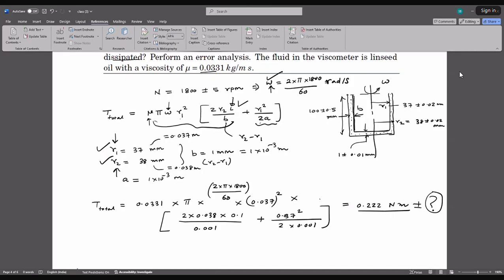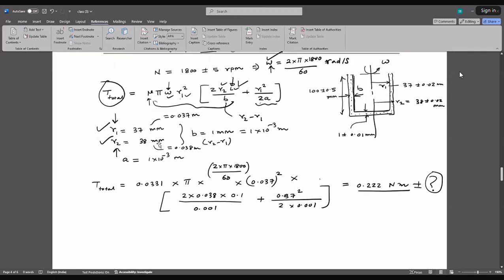So first we have to know how the torque varies with each one of these parameters, right? And then we have to find the derivatives, and then knowing the individual uncertainties, we can calculate the total uncertainty.